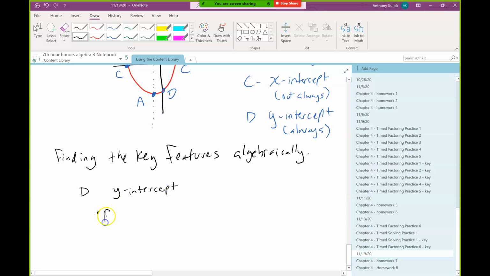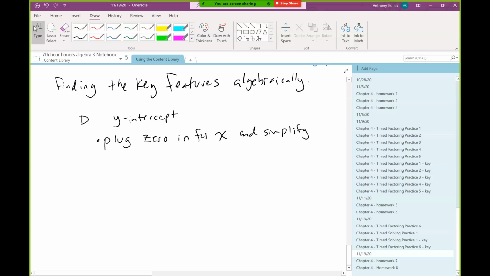So to do this, it's quite easy to find. All we need to do is plug 0 in for the x in our function and simplify. Let's do a couple of examples.